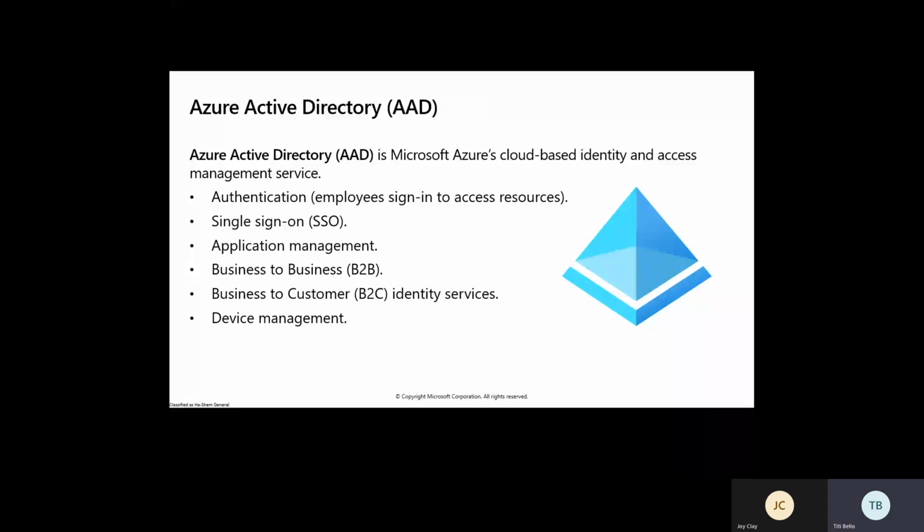Office 365, for instance, has different products under it. It has email, it has SharePoint, it has Microsoft Teams, it has Office. And for you to be able to use all of these services, you have to use an account. You have to have an identity that is giving you access to those services.